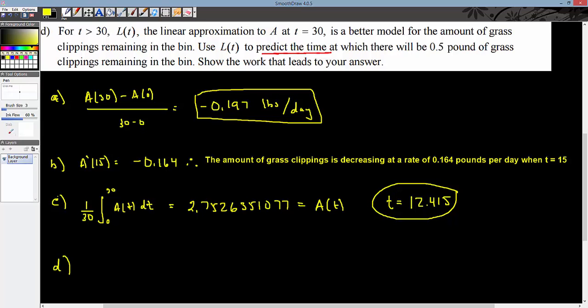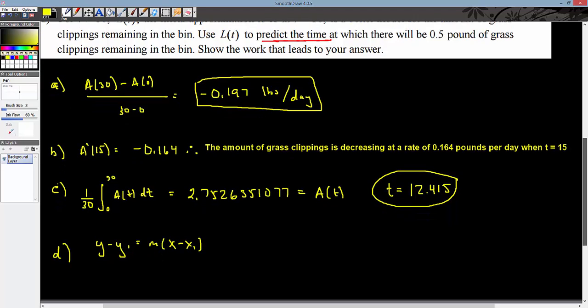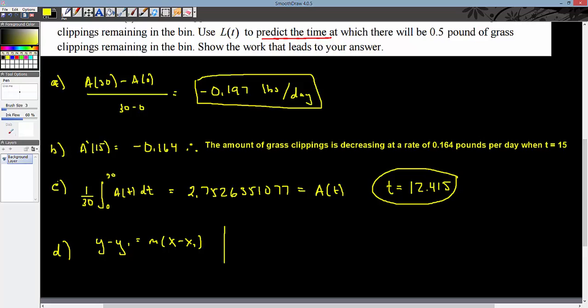The equation of a line in point-slope form is y minus y1 equals m times x minus x1. Now, you already have a couple of these pieces real quick. What you have is L of t, which is going to be like y, minus your y1.